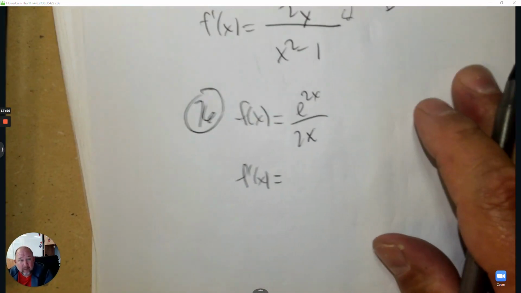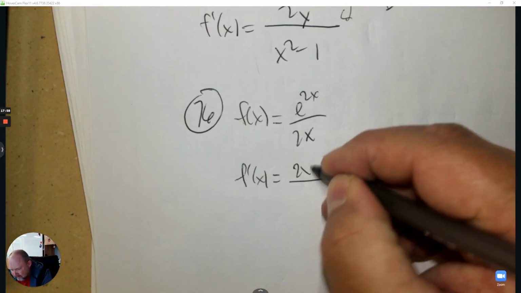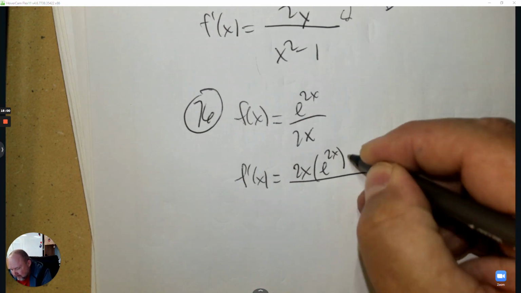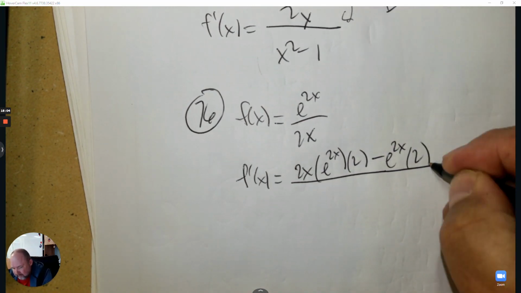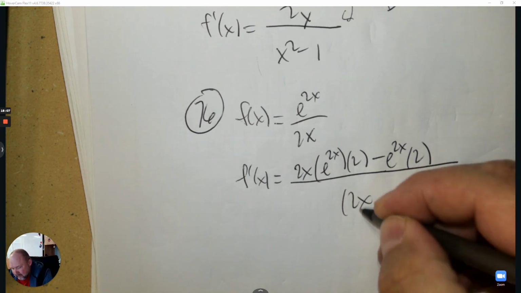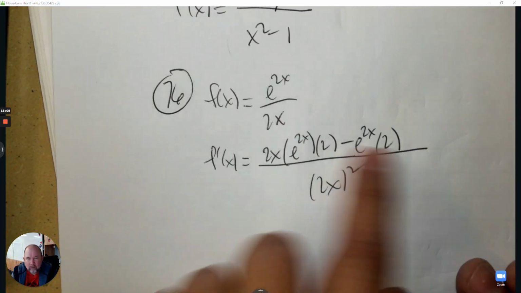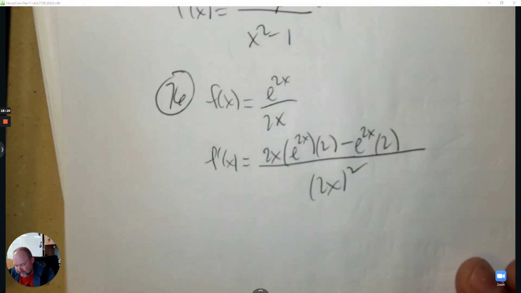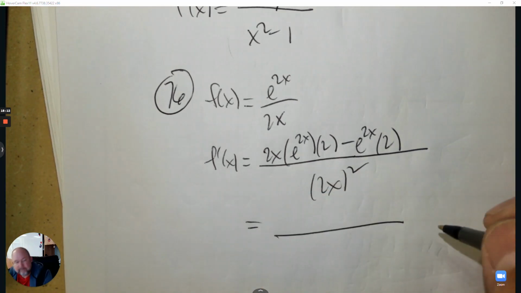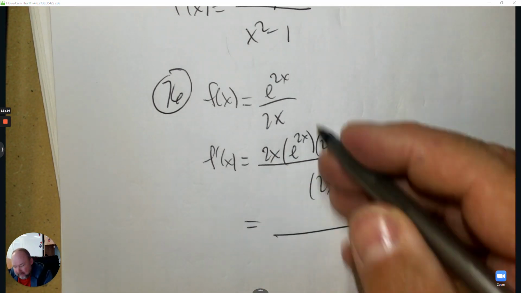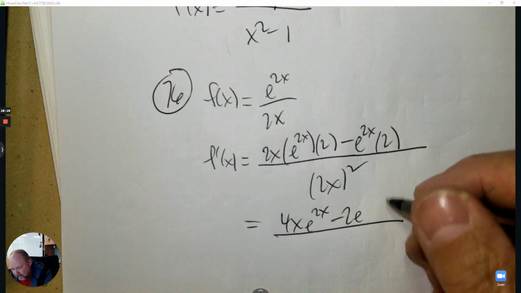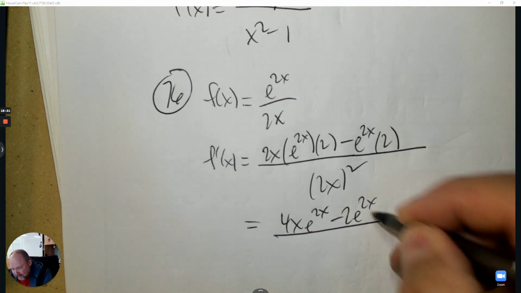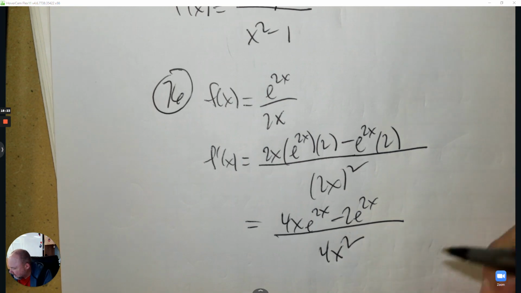This one is the quotient rule. What is it again? The bottom times the derivative of the top, that has a hook, minus the top times the derivative of the bottom, and then the bottom squared, and think, okay, which one matches that? So this is 4x e^(2x) minus 2e^(2x), and this is 4x squared.